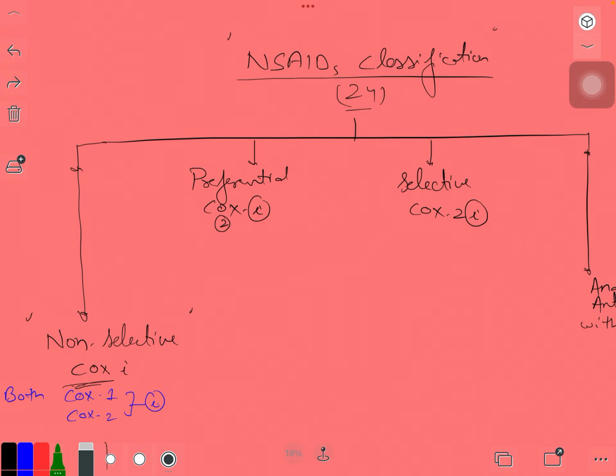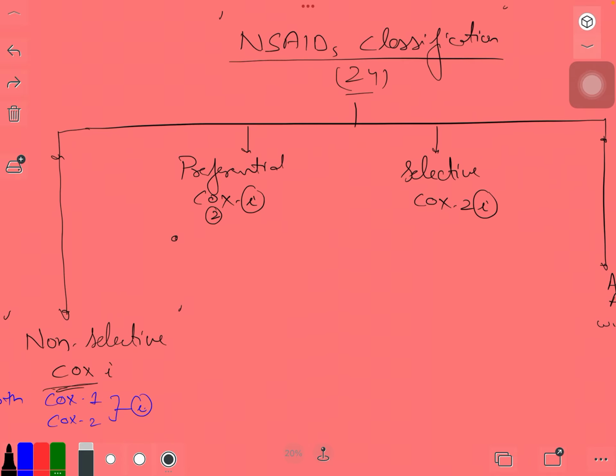Right, now let's talk about the preferential COX2. It affects more COX2 but also a little bit COX1, right?